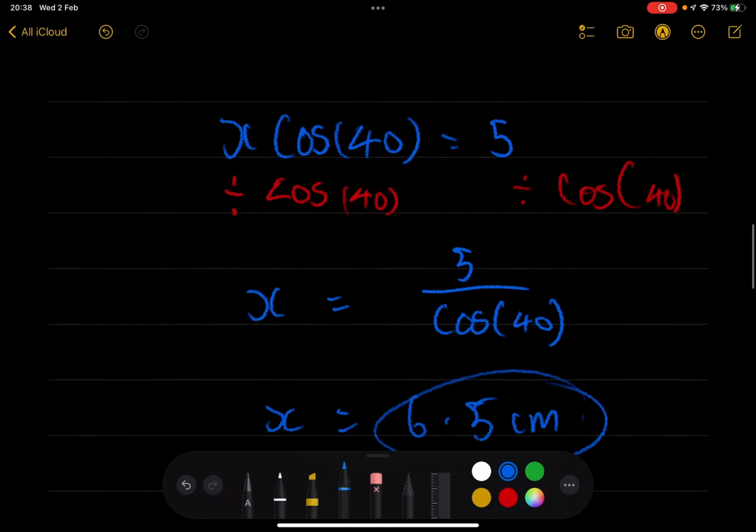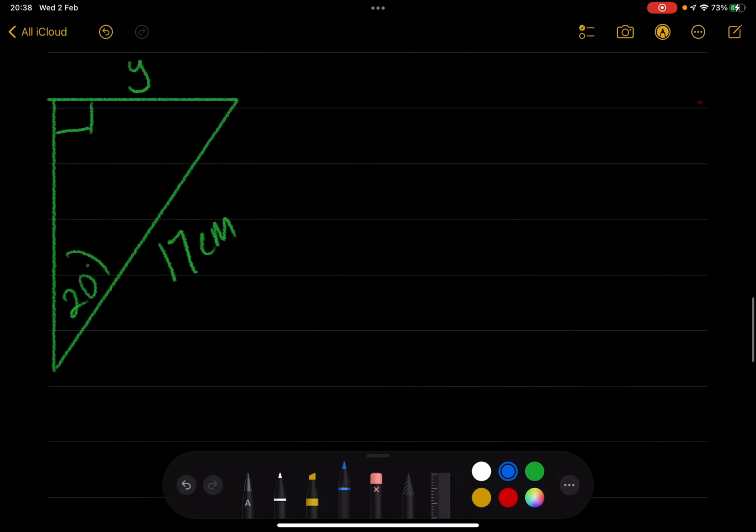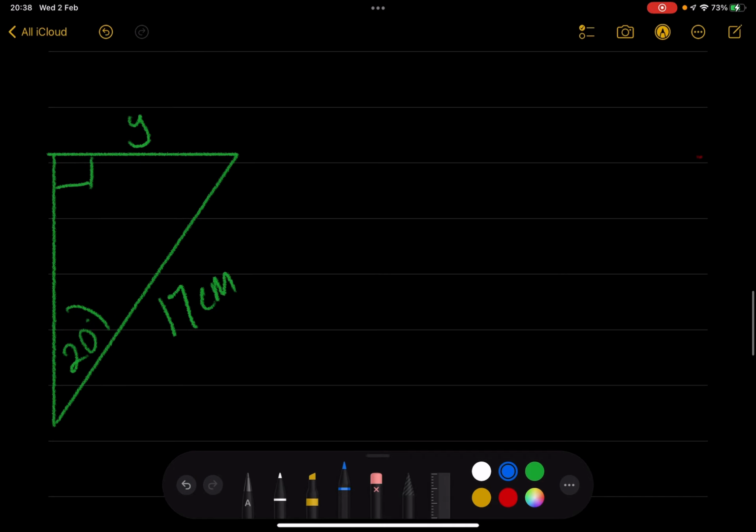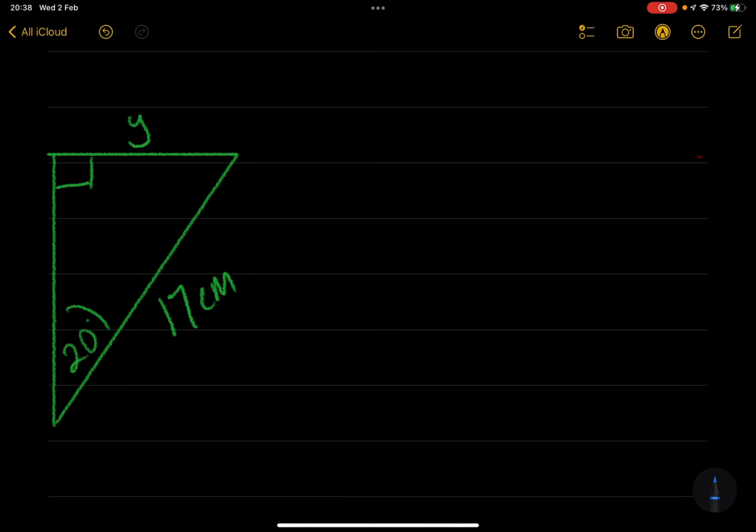Right, we're just going to do one of sine, one of cos, and one of tan. Okay, just pop your triangle in.